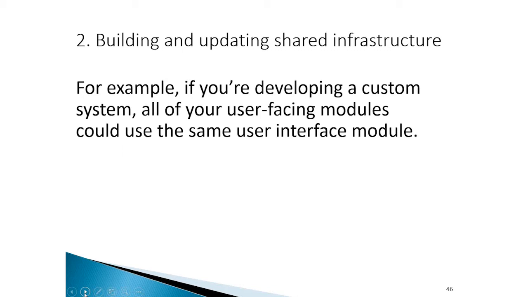If we're developing custom software that will provide a web interface to a number of different pieces of functionality, ideally we want to use the same user interface library for all of these modules. That way, if we find an improvement, we can apply that improvement once to that user interface module, and then it can become available to all of our software.